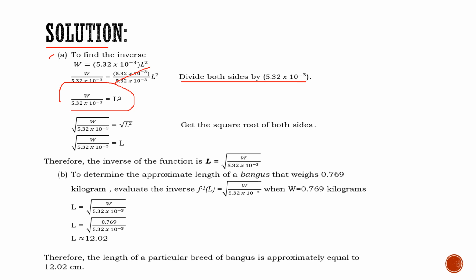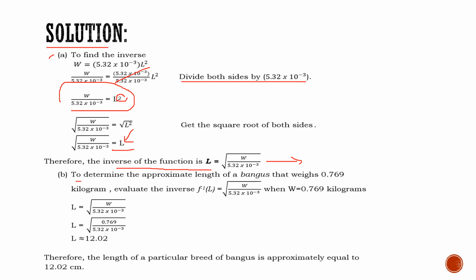We're asked to get the value of L in terms of W. So we need to take the square root of both sides of your equation for us to cancel the exponent in your L. So the square root of L square is now equal to L. In this case, that will be the square root of W over 5.32 times 10 raised to negative 3, which is equal to L. Therefore, the inverse of the function is L equal to the square root of W over 5.32 times 10 raised to negative 3. So this will be the inverse.